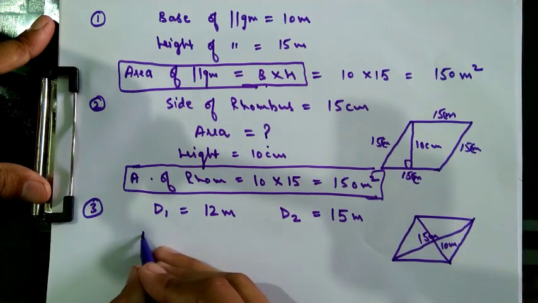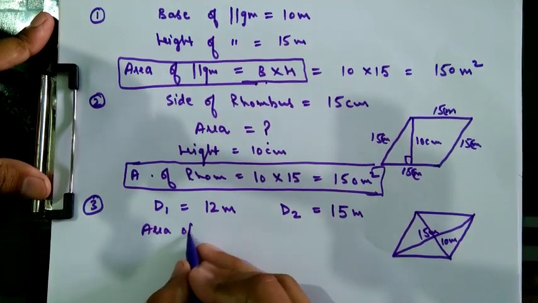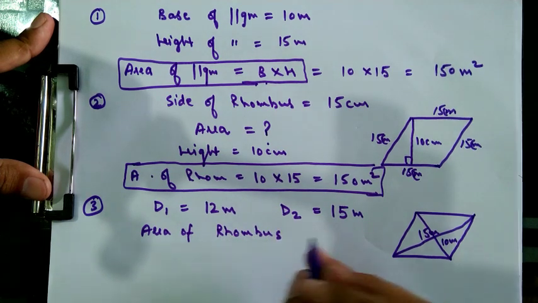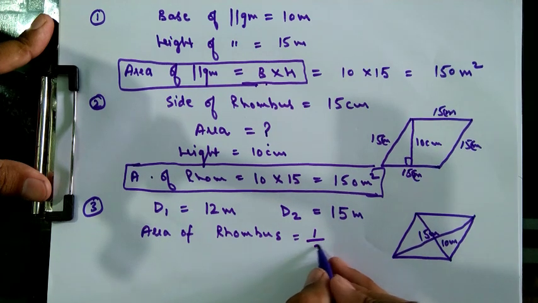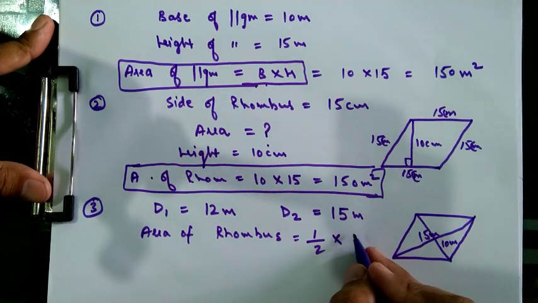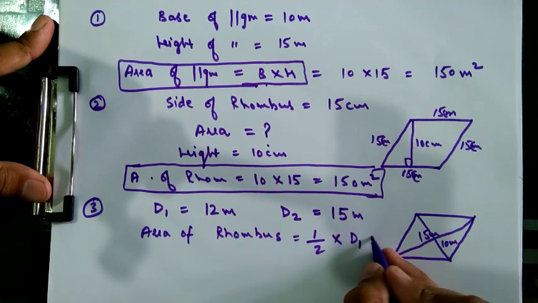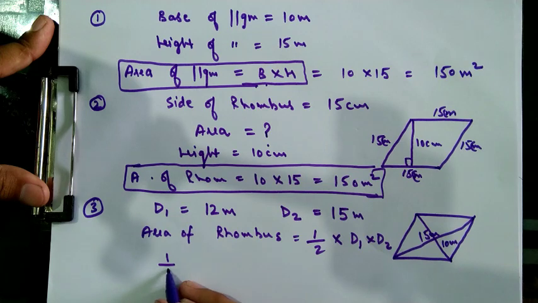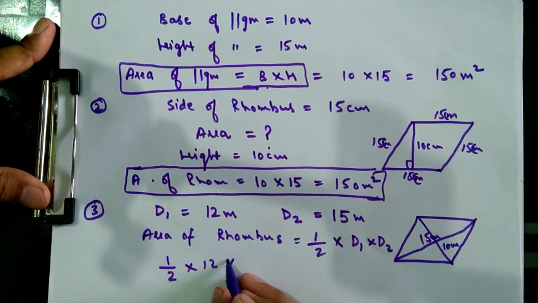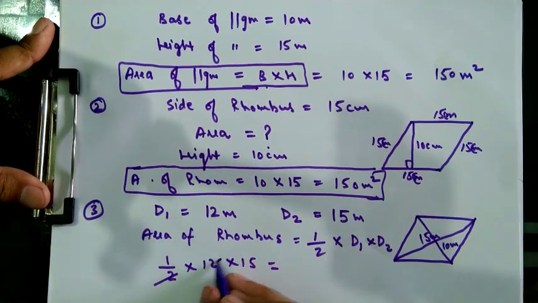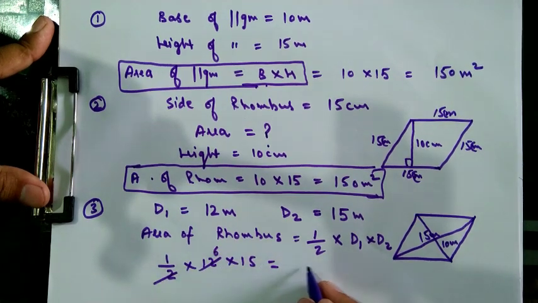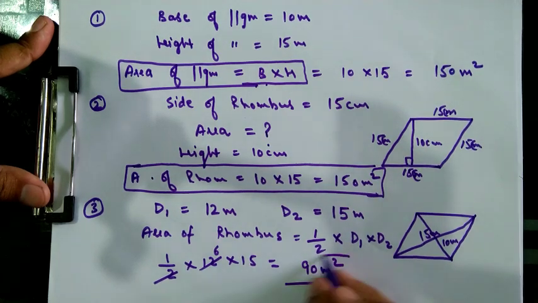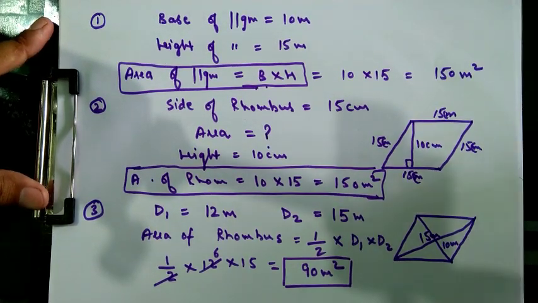Now find the area of the rhombus. Area of rhombus is equal to half multiplied by the product of its diagonals, D1 and D2. Implementing the values, 1 upon 2 multiplied by 12 multiplied by 15. So you will get 15 into 6, 90 meter square, the final area of the rhombus.